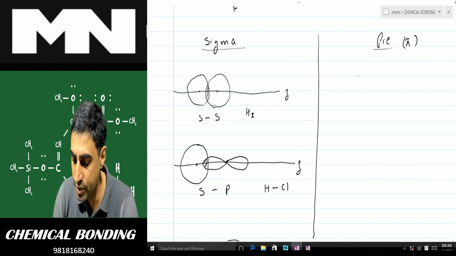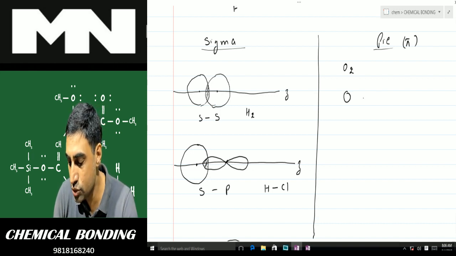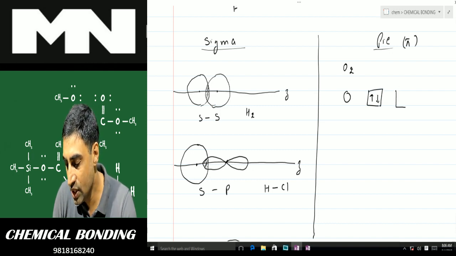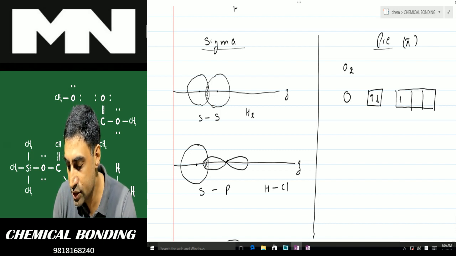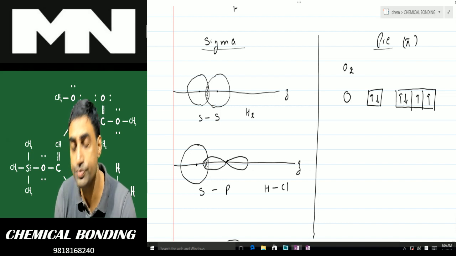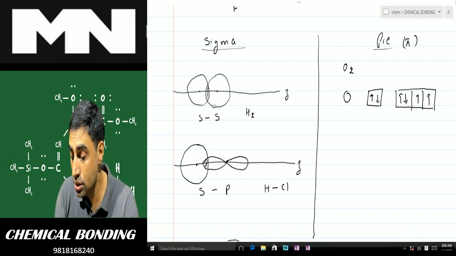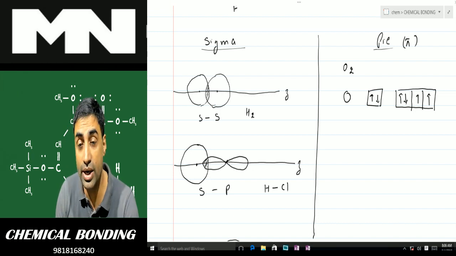I'm giving you an example of a molecule like O2. Suppose I'm talking about the electronic configuration of oxygen that has got 2 electrons in the s and has got 4 electrons in the p. That is 1, 2, 3 and 4. You will see 2 unpaired electrons in p.